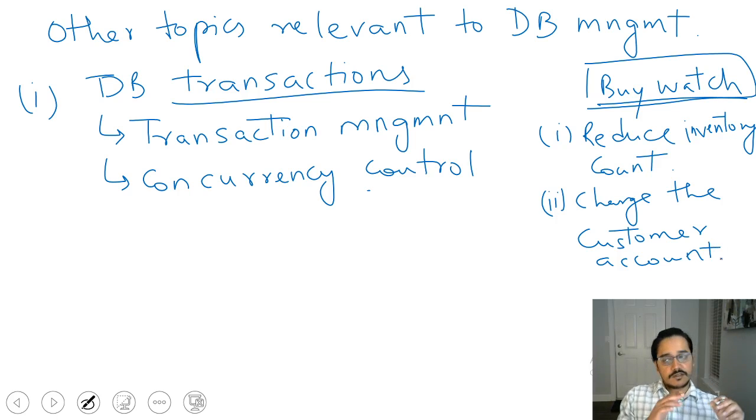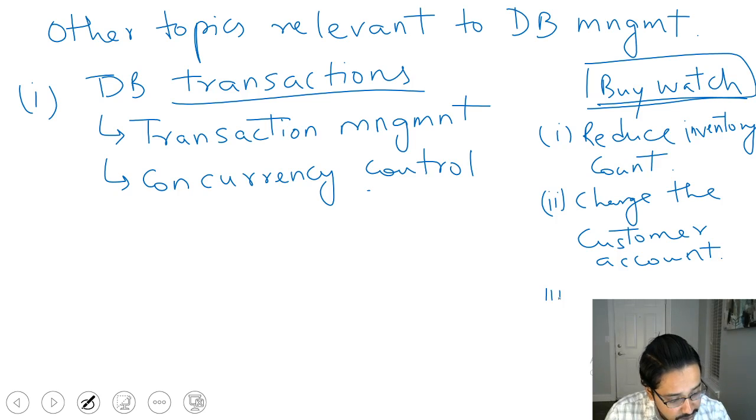That means if the customer has an account with your organization, and that information is of course stored in the database, then against that customer you have to give some credits, or you have to keep track of the payment, whether the payment is made or not. That is what charging the customer account means on a very high level. But you have some subtasks that you have to execute related to that.